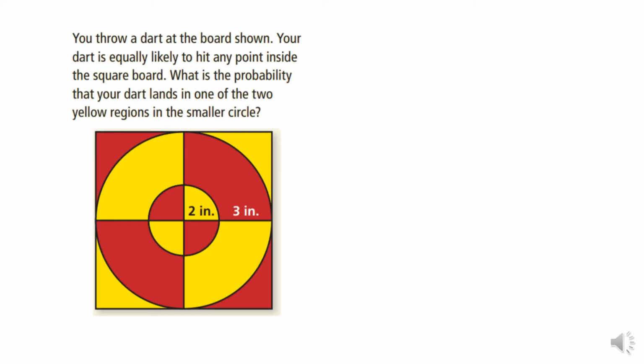Okay, so let's try another one. You throw a dart at the board shown. Your dart is equally likely to hit any point inside the square board. What is the probability that your dart lands in one of the two yellow regions in the smaller circle? So that's here or here. So we're going to go P of landing on the smaller regions.